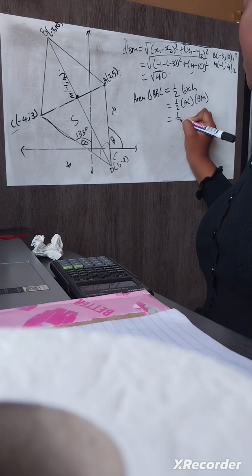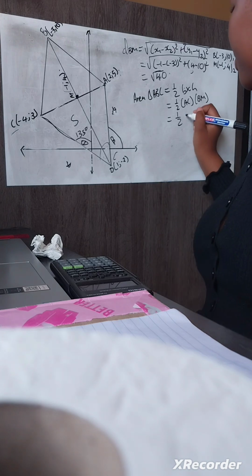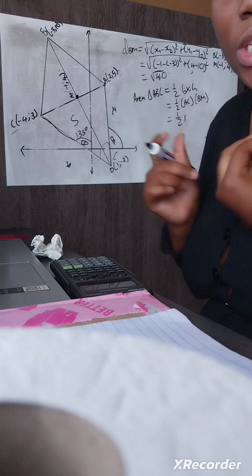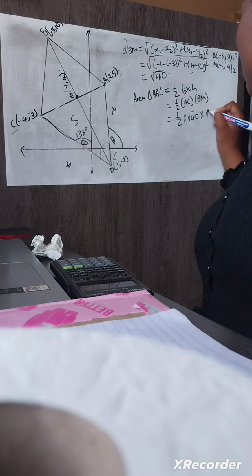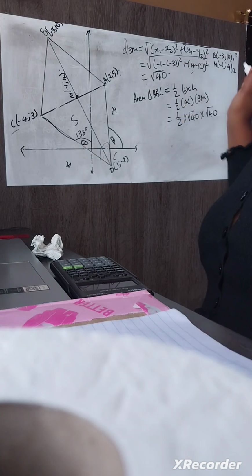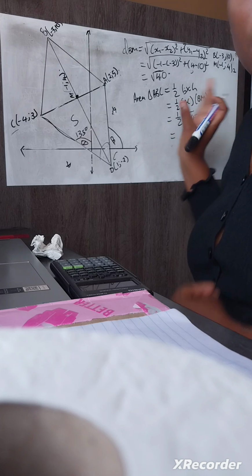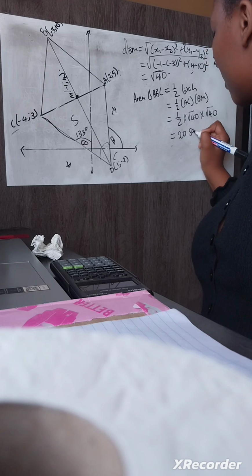Then we'll have half, we found AC to be the square root of 40 on the first question, multiplied by the square root of 40. Plug it in the calculator and you'll find the answer gives us 20 square units.